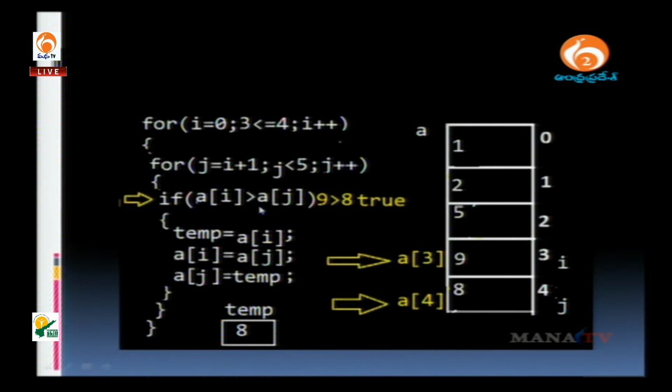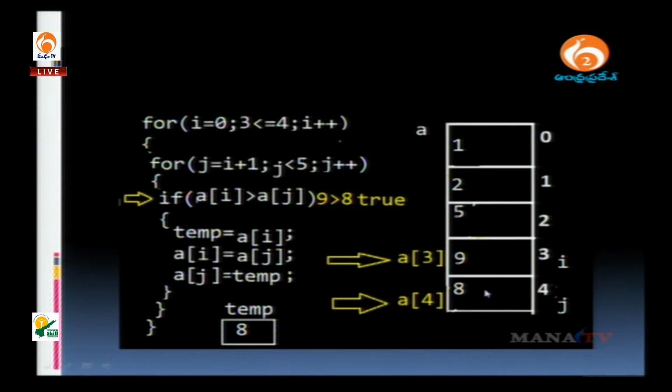Next, A of i is greater than A of j. A of i, that is A of 3, means 9, is greater than A of j, where j is 4, A of 4 means 8. 9 is greater than 8, which is true, the condition becomes true.